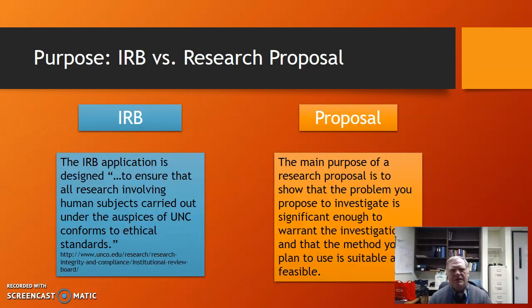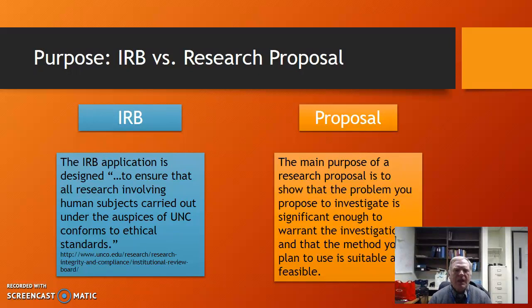So the first difference between an IRB application and a research proposal is that the IRB is designed for a different purpose than the proposal. The IRB is designed to ensure that all research involving human subjects carried out under the auspices of UNC conforms to ethical standards.